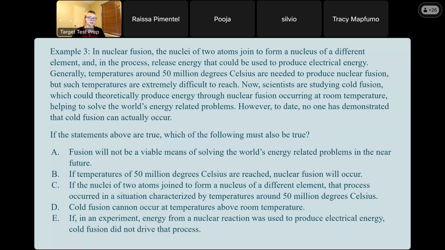And because we're not talking about fission, then fission cannot be a factor here. I do think that that is a fair note, but I think in the context of the argument, we would be able to overlook that because fission isn't brought up, and also because E is the only answer that we don't have a strong reason to discard.